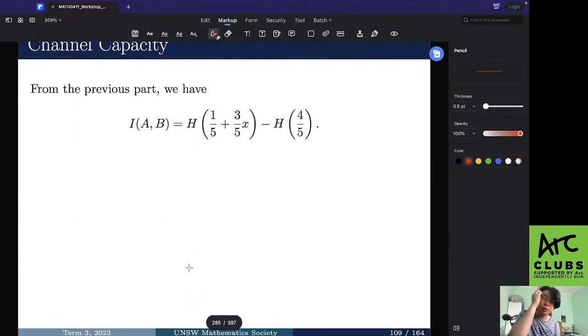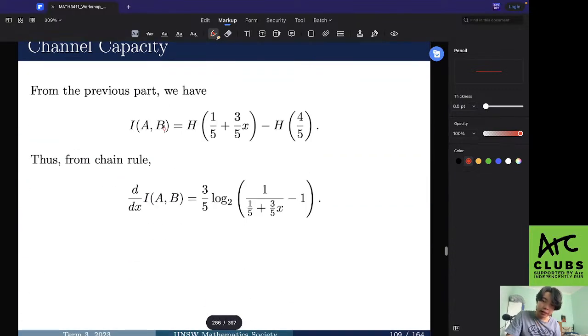So we also have the mutual information from our previous question, and we see that there's only one unknown variable, which is x. So our goal is to see what x value gives us the maximum information.